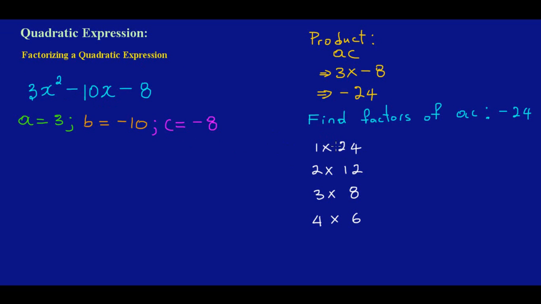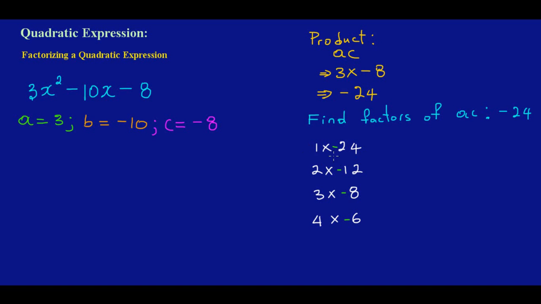So here I am going to change the sign on the larger factor, because only a positive times a negative will give us back a negative 24. So I have 1 and negative 24, 2 and negative 12, 3 and negative 8, 4 and negative 6.